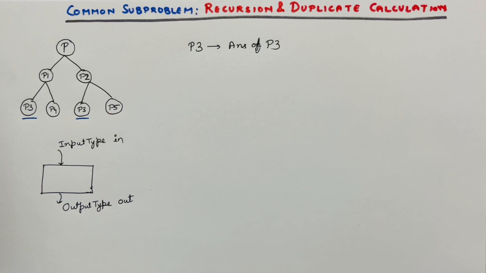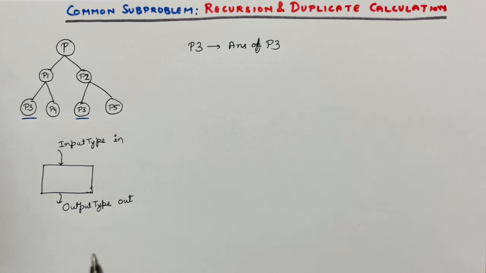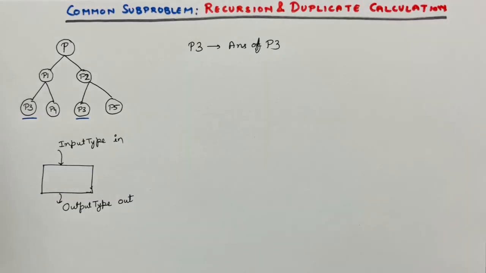So how do we eliminate this inefficiency? We can say that whenever we first encounter the problem P3, we should just store the answer to P3 somewhere. And then whenever we encounter P3 the second time, instead of calculating again, we should just find the answer of P3 and return that.